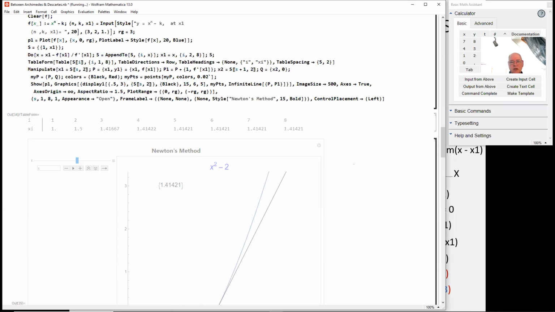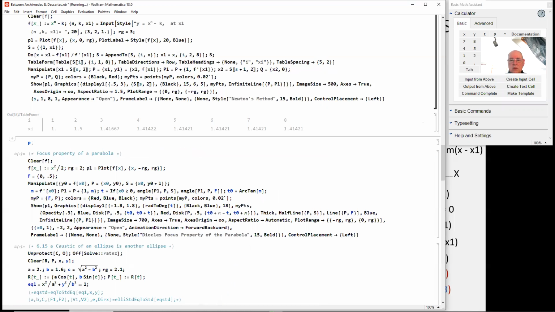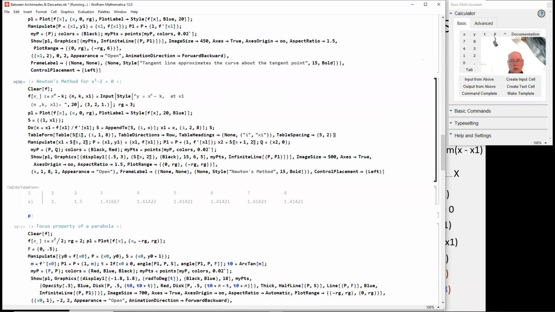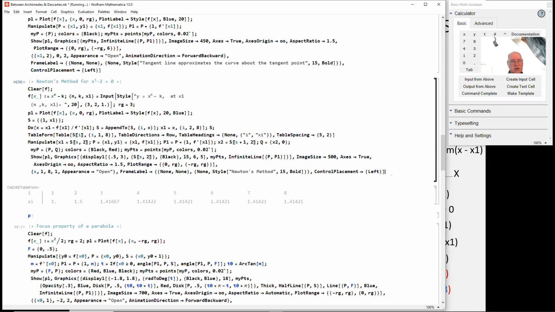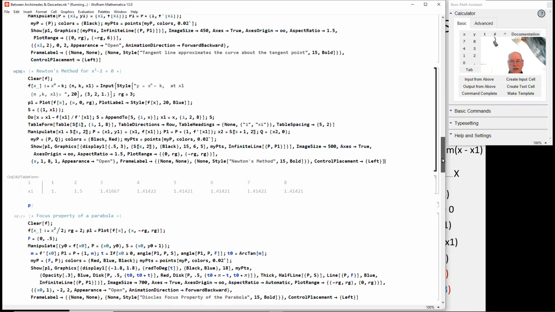I seem to be hung here. Hold on. I think I've done something that has made Mathematica mad.